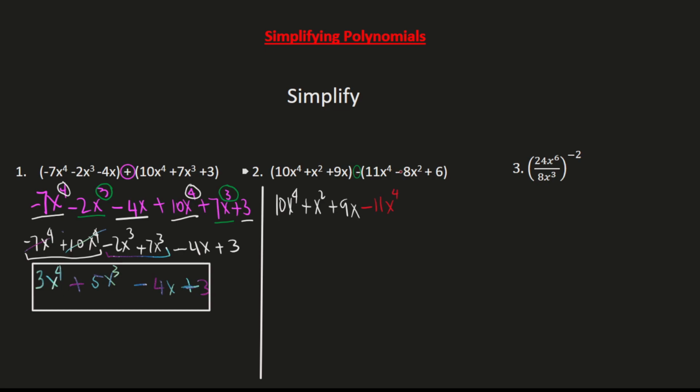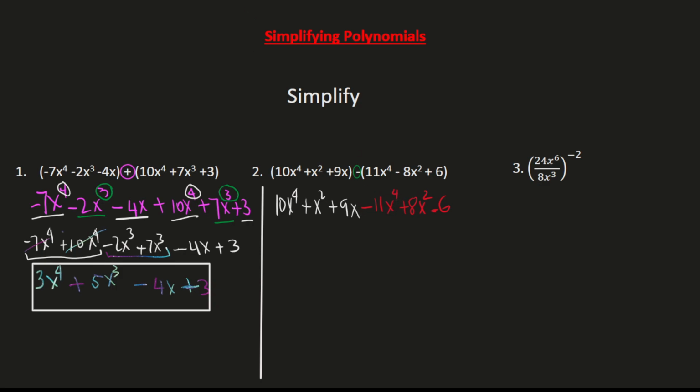Minus times minus is plus 8x squared. And minus times plus is minus 6. Very important. So this is what is changed.